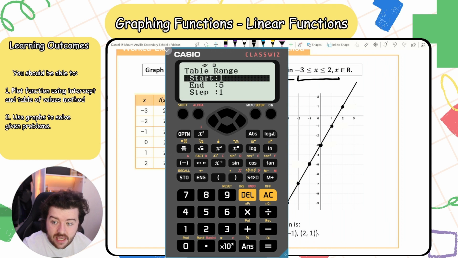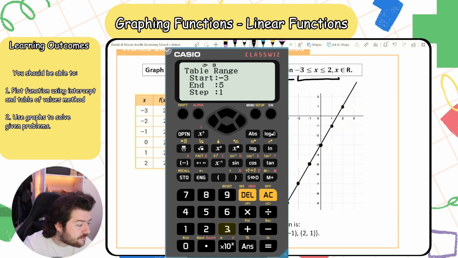As you see here, my input values are minus 3, minus 2, minus 1, 0, 1, 2. So let's plot these out, shall we? I'm starting at minus 3. You click equals to go on to the next one.